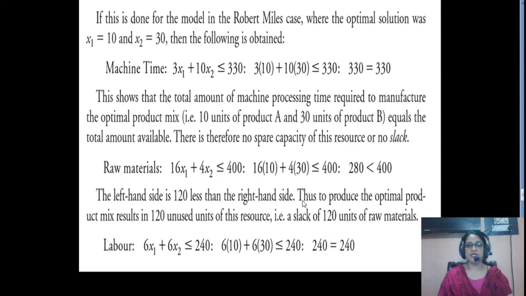We are seeing that the machine time and labor is limited up to this many units, and we don't have any slack in that. If we employ 1 unit more of machine time, the production will be improved and thereby your contribution will also be improved. So the shadow price is actually the price given to buy 1 unit of your scarce resource, right?